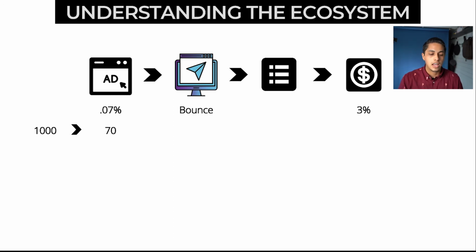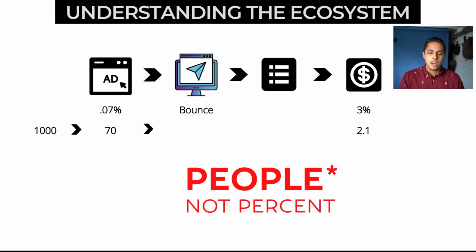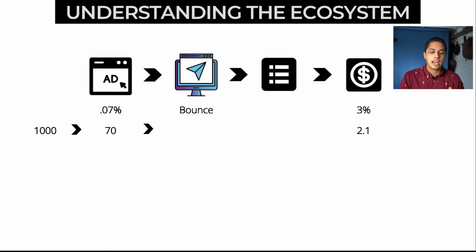They actually clicked on the ad. Of those 70 people, only 2.1 actually converted. So that's not a whole lot, right? It's not a ton of people, considering you had 1,000 impressions. 1,000 people saw this, and only 2 of them converted.